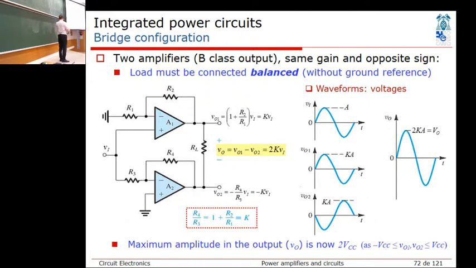But anyways, this is quite easy to make on single supply powers also. Yeah, just need this virtual ground somewhere. Maximum amplitude is now 2 times VCC, meaning 4 times the power. Quadrupling the power. Good.